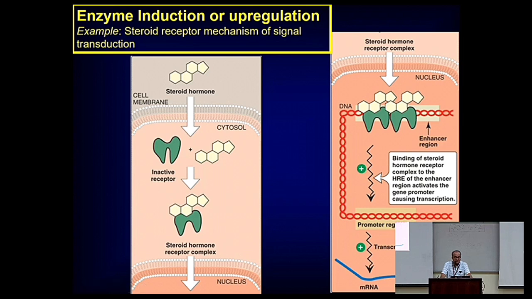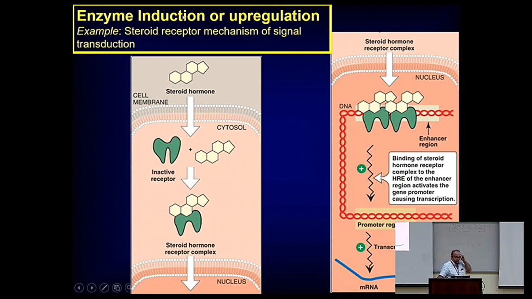This simply means induction or upregulation, meaning increasing the number of enzyme molecules. So don't use this as synonymous with activation. It's not. Very important. So this specifically refers to increasing the number of enzyme molecules. And I'm going to give you a good real life example.